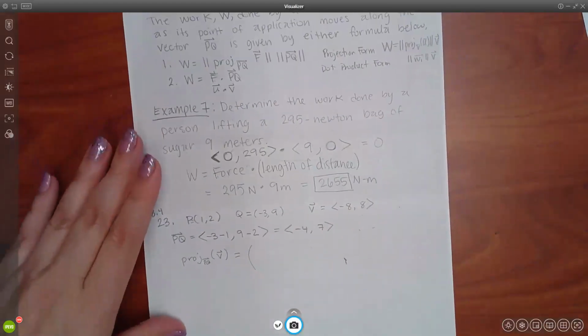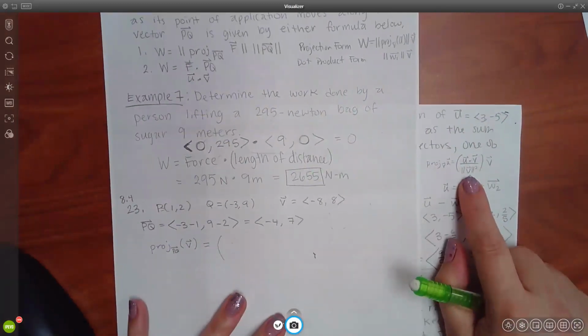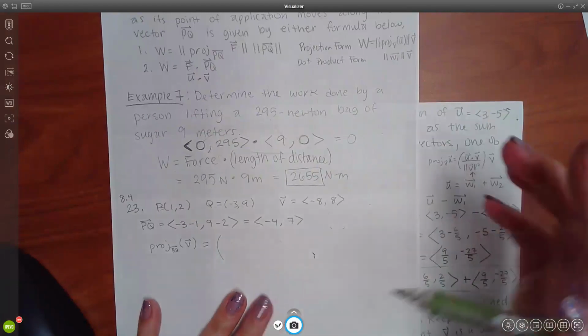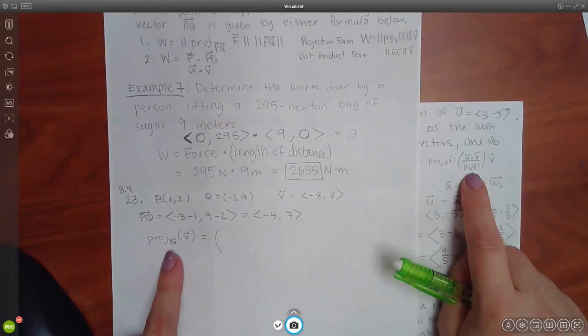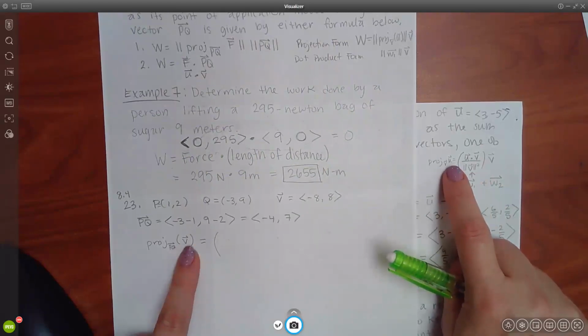I want to show you where my brain is at, okay? This is the formula, right? Notice what vector is here and what vector is there, because where they go in that formula matters. Notice that I have PQ as my subscript. So everywhere I see a V in this formula, it's actually turned into a PQ. And everywhere I had a U, it's going to turn into a V.